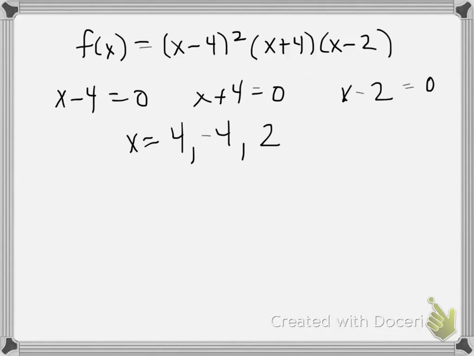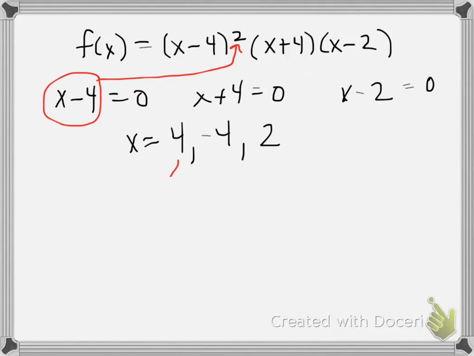All right, and then the next three questions ask us, well, what's the behavior at these x-intercepts? And so what they're asking really is about multiplicity. So what is the multiplicity of each of our zeros or solutions here? So we notice that for x minus 4, the factor is actually squared.